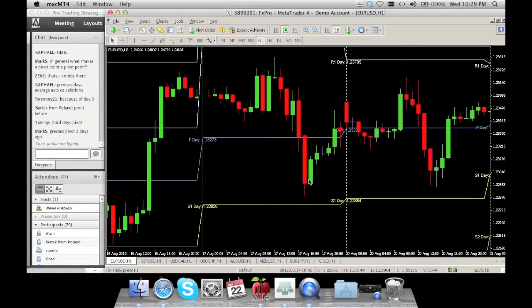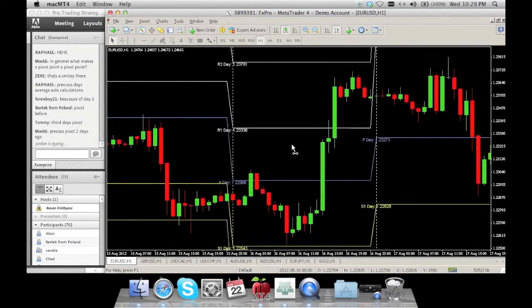Okay, now putting this knowledge together with your exhaustions. You want to look for an exhaustion that forms around these pivot lines, telling you it wants to go in your favor. So let's look at those same exhaustions that you guys said yes and no to me for. Let's look for them. Where were they?